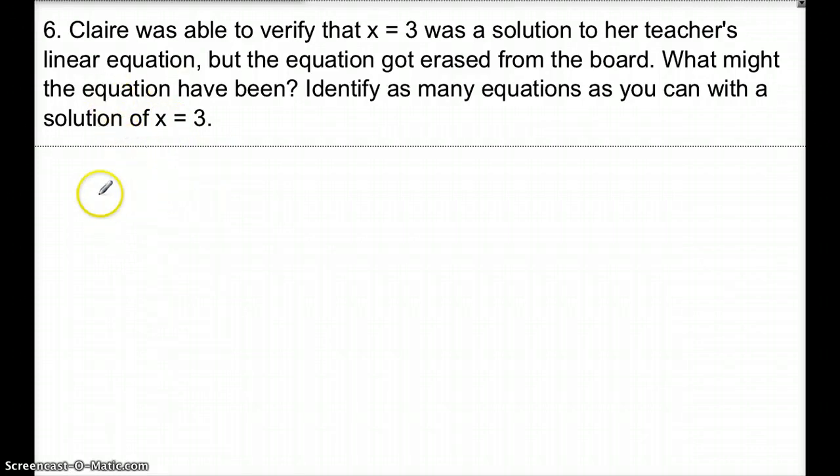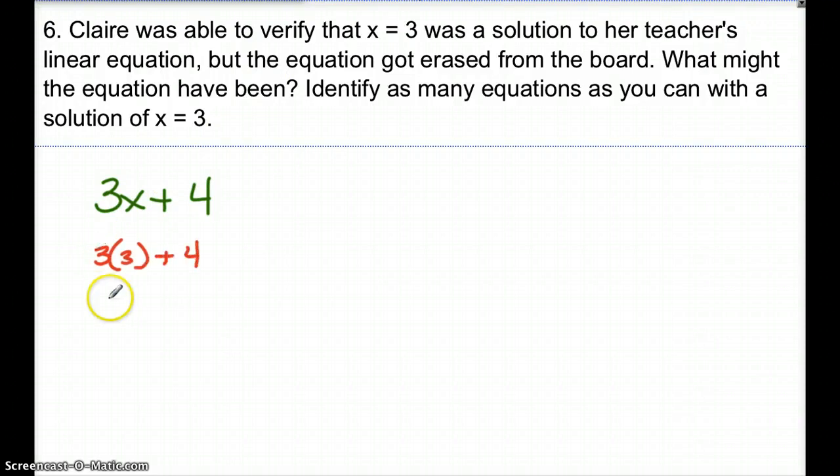So let's just say I make something up like 3x plus 4. Okay, I know that if I plug in 3 into that equation, let's go ahead and do that, I end up getting 9 plus 4, which is 13. So whatever I put over on the right-hand side also has to equal 13 whenever I plug it in.